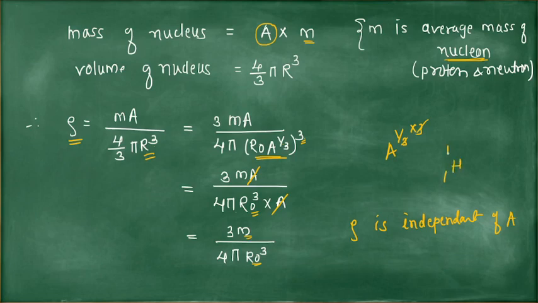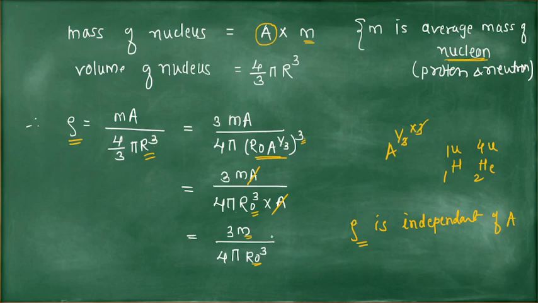Suppose 1H1 and 2He4, mass is 1 U and 4 U. Even though, the density of both the nuclei is almost constant because it is independent of A. So this is the interesting point regarding the density of nucleus.